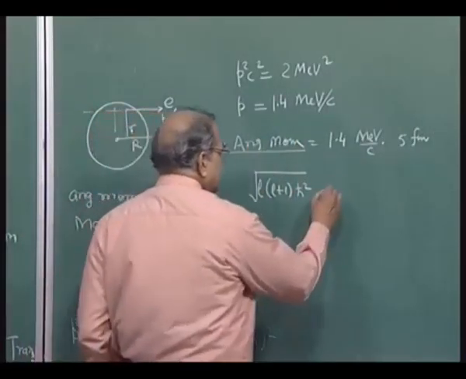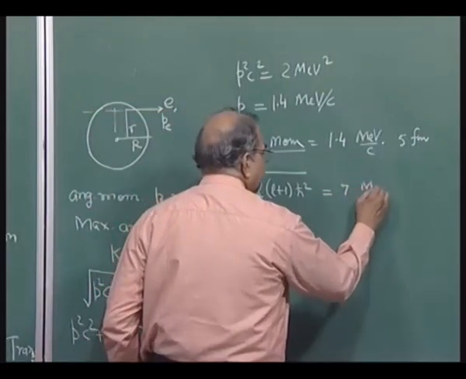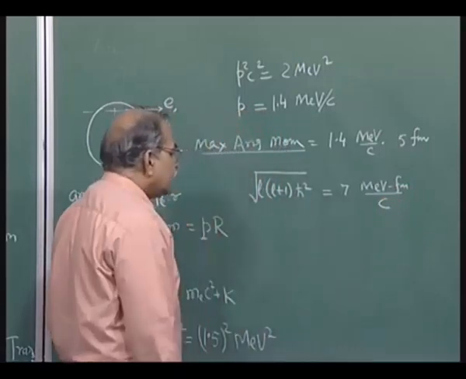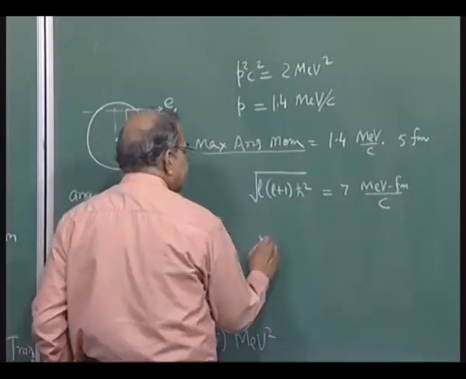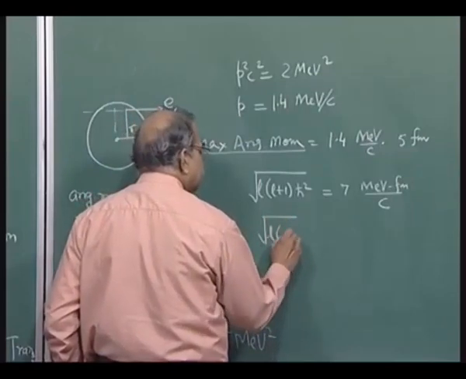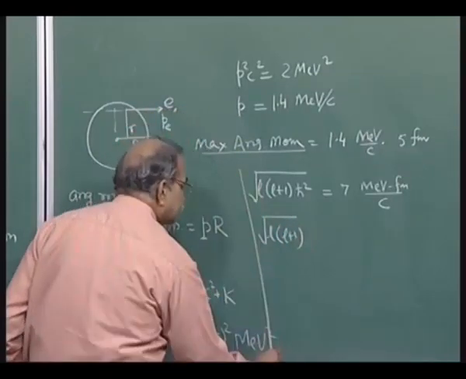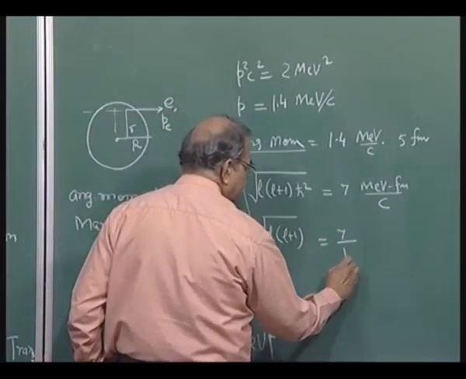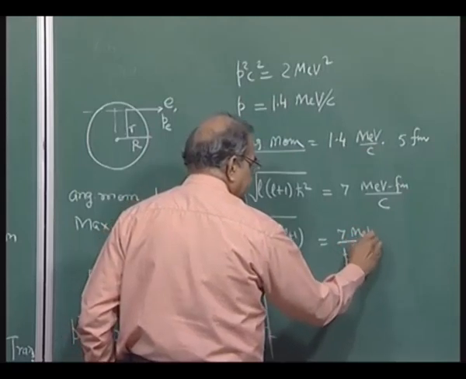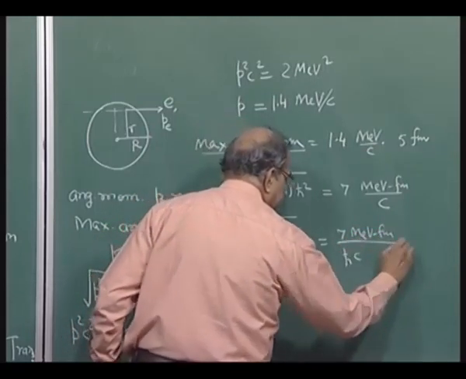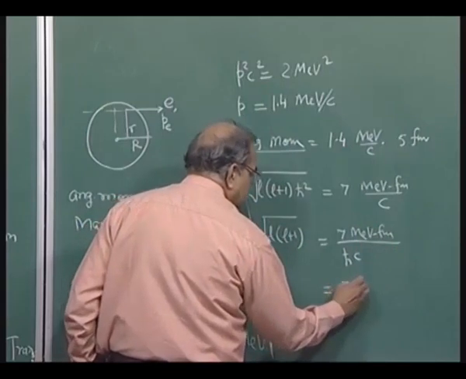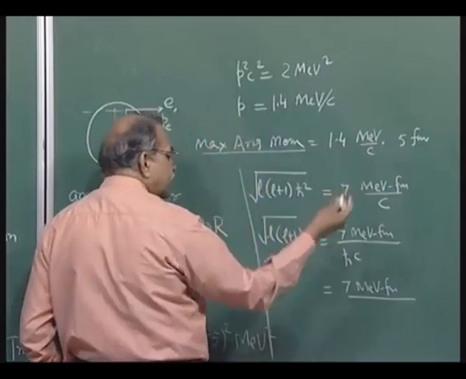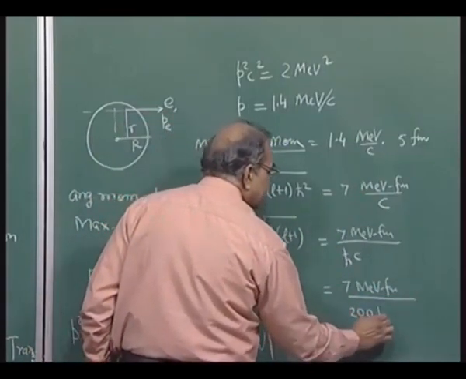So, this is equal to 7 MeV Fm by C. This h cross you can take here, and then square root of L into L plus 1 is equal to 7 by h cross C, MeV Fm here, and h cross C is approximately 200 MeV Fm.